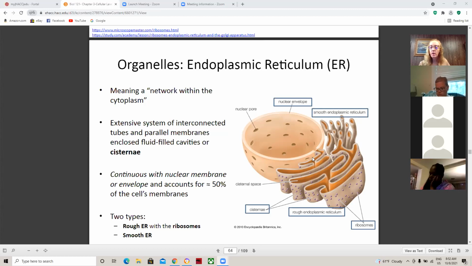Continuous with it are the membranes of the endoplasmic reticulum, which includes both the rough endoplasmic reticulum with the associated ribosomes and the smooth endoplasmic reticulum that doesn't have ribosomes on it. The nuclear membrane with the membranes of the rough and smooth endoplasmic reticulum accounts for about 50% of the cell's membranes.